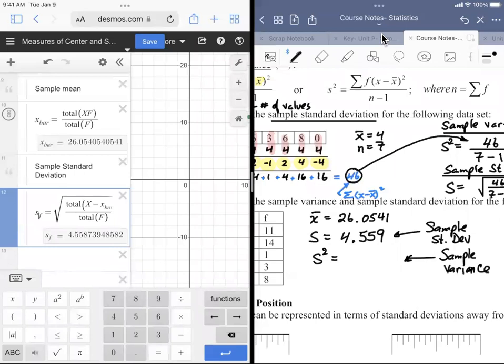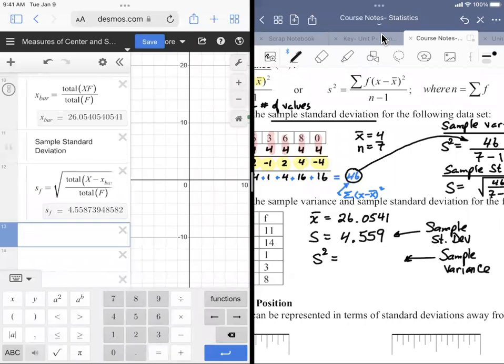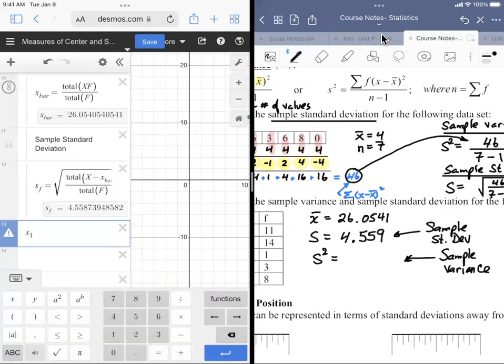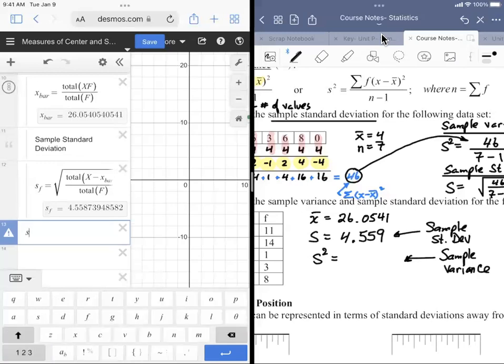So what I would do is type in S F. Now I want a subscript of F. If it were a number that was a subscript, I would just type it right in straight away, like S1, and it would make it a subscript. But if I type in an F here, it's not making it a subscript.